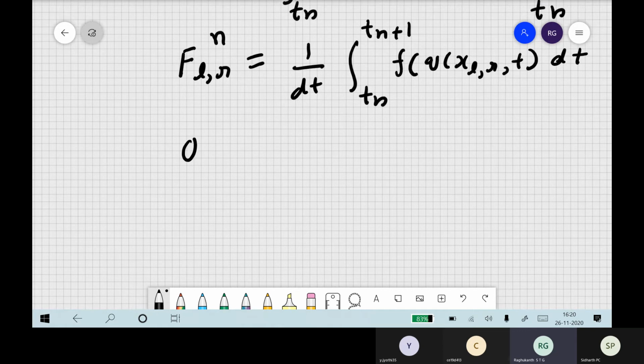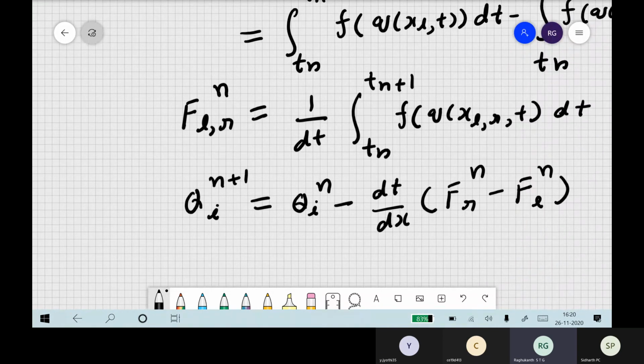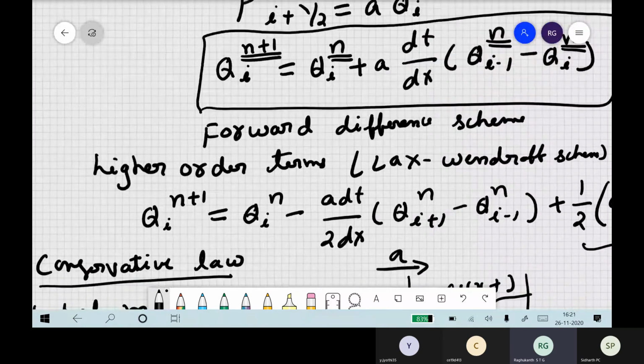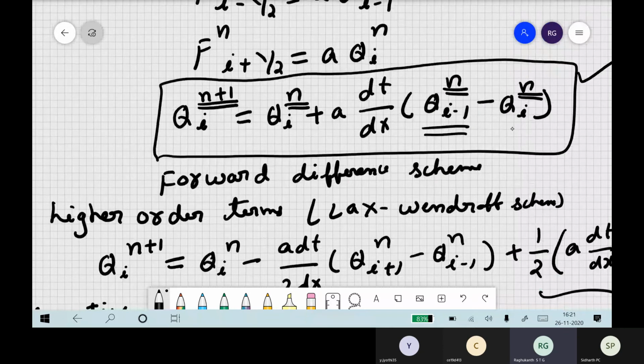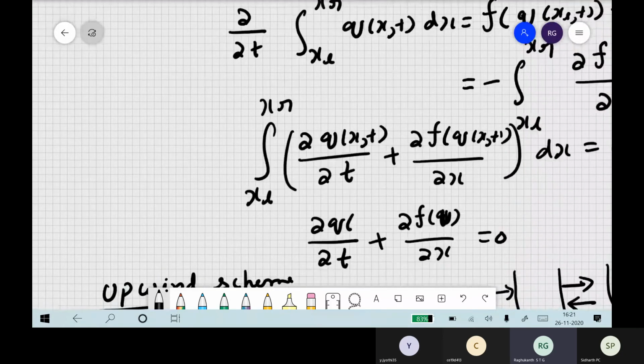So my Q_i^{n+1} turns out to be Q_i^n minus dt by dx times (F_R^n minus F_L^n). This is the same, you remember, as we have derived previously, of course the notations were slightly different. You can see this is nothing but the same F function itself. So the scheme automatically comes here.